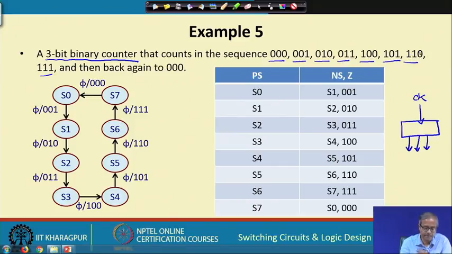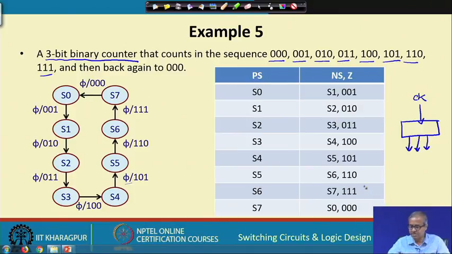So, when you are in S0 and the clock comes, with no input, phi, you move to state 1, your output is 001, that means now you are in 1. From S1 you move to S2, 010, S2 to S3, 011, S3 to S4 similarly, S4 to S5, S5 to S6, S6 to S7 and S7 back to 0, 000.